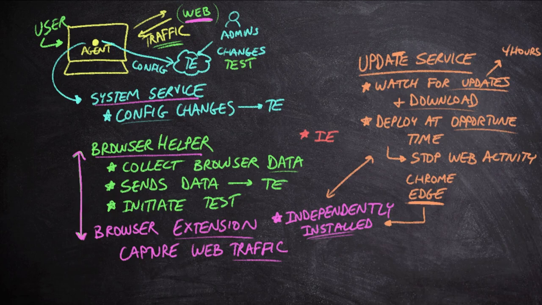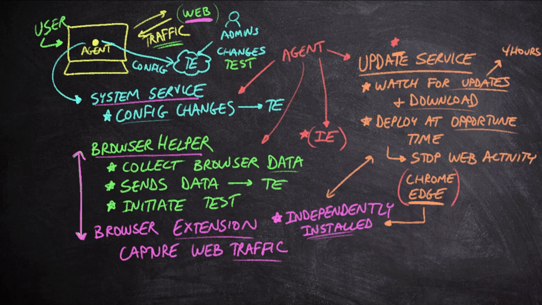So if we do have Internet Explorer in our environment, we can install it, and it actually gets installed as part of the agent. So the agent is going to deploy the system service, the browser helper, the update service, and it can install and manage Internet Explorer's browser extension. And so at that point, when we're talking about performing an update, Internet Explorer will be updated along with the rest of the agent components when an update is available.